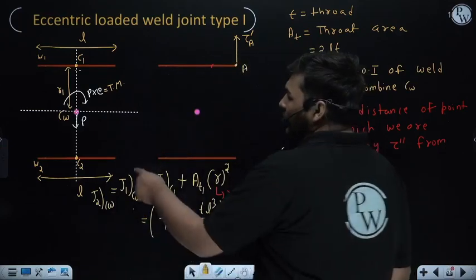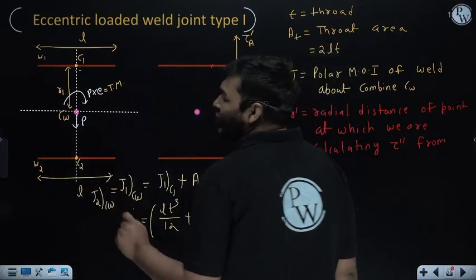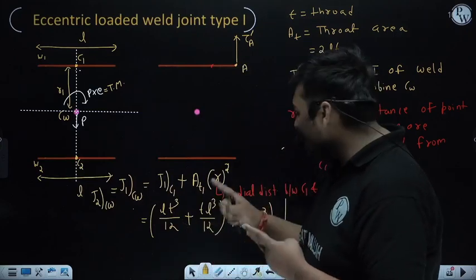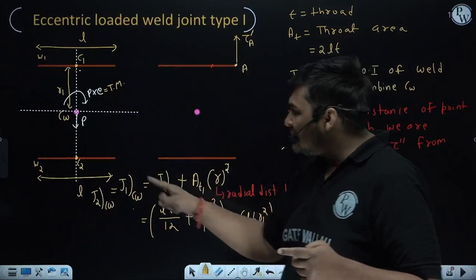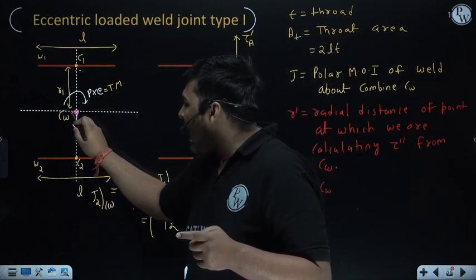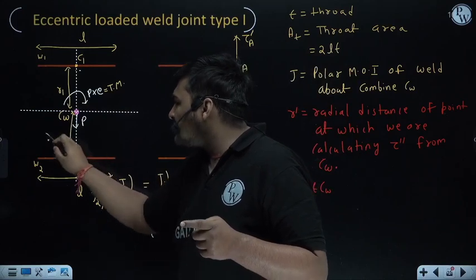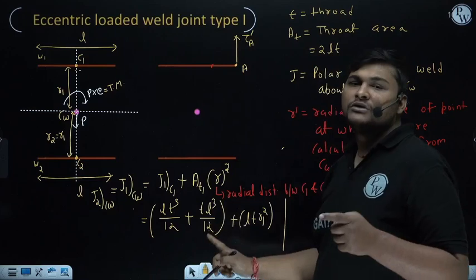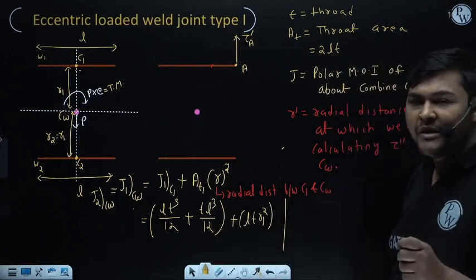How? The polar moment of inertia of weld 2 about its centroid will be LT³ by 12 plus TL³ by 12, the same expression, plus the throat area LT into the distance between C2 and CW. And due to symmetry, if this distance is R1, and suppose I denote this distance as R2, then R2 will also be equal to R1. So due to symmetry, J2CW will be the same as J1CW.